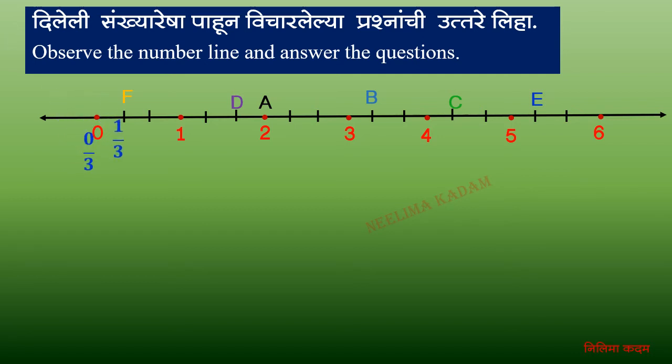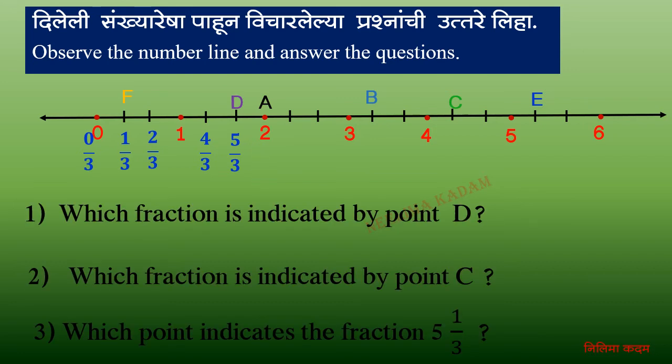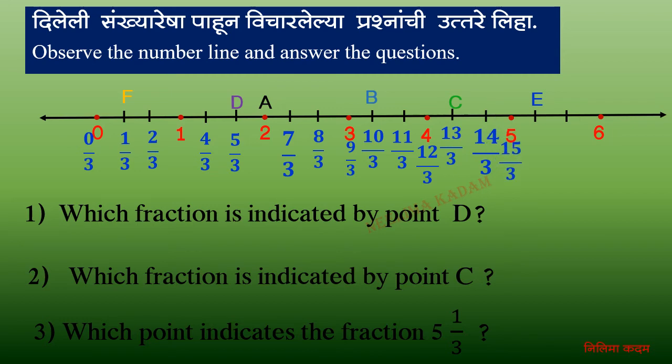Now this is 0 by 3, 1 upon 3, 2 upon 3, 3 upon 3 means 1, 4 by 3, 5 by 3, 6 by 3 means 2, 7 upon 3, 8 upon 3, 9 upon 3 means 3 3s are 9, 10 by 3, 11 by 3, 12 by 3 means 4, 13 upon 3, 14 upon 3, 15 upon 3 means 3 5s are 15, 16 by 3, 17 by 3 and 18 upon 3 means 3 6s are 18, therefore 6. Okay, this is very important.